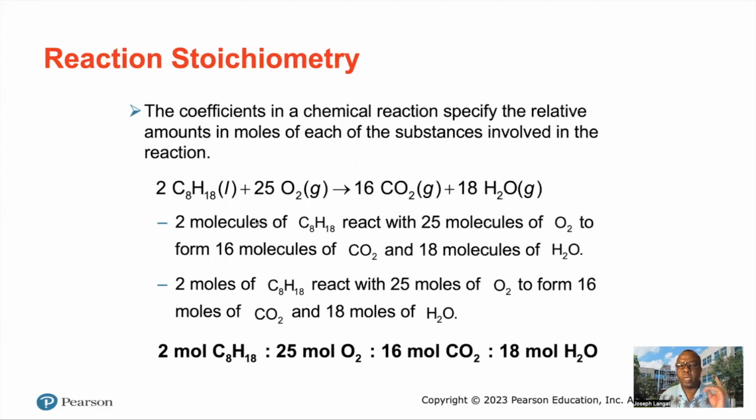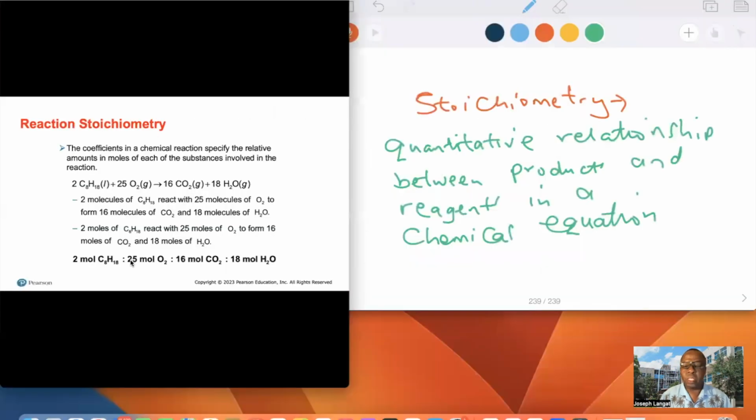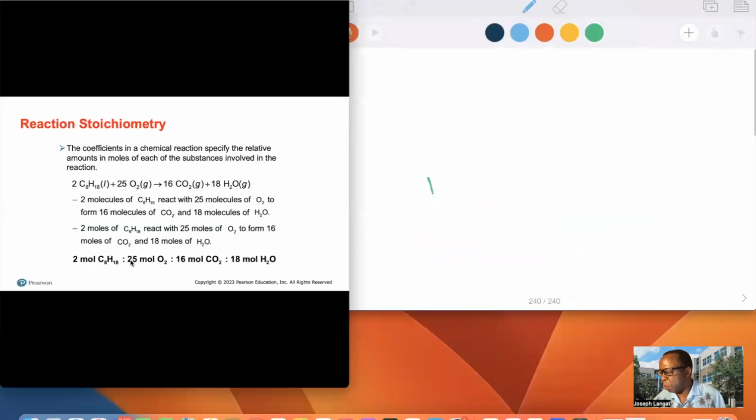I want you to take note of the coefficients in the balanced equation. We do not write them as plus, or as equals. I know in math 2 plus 2 equals 4, but this is called the mole ratio. Not rations, but ratio.